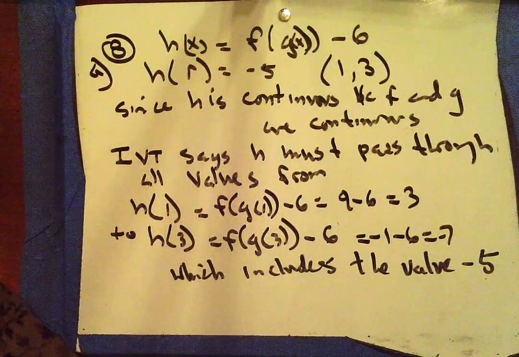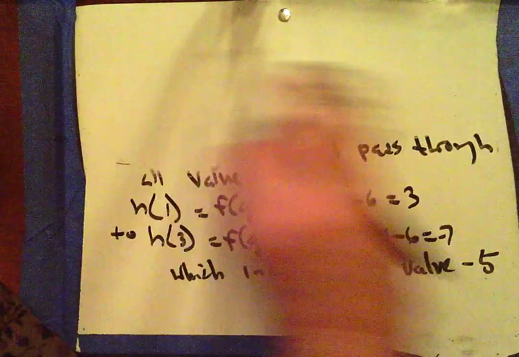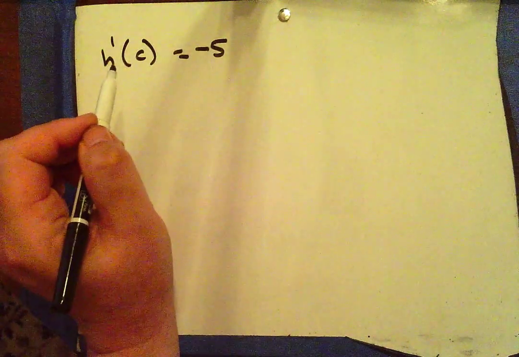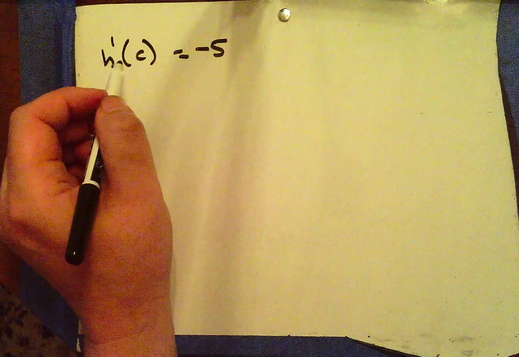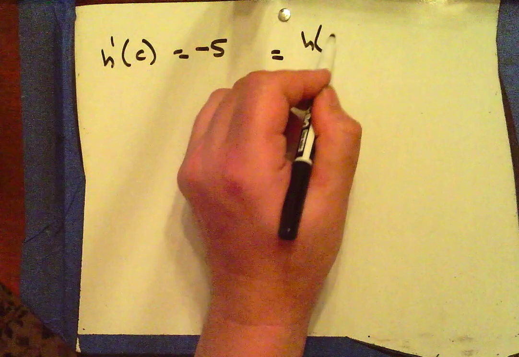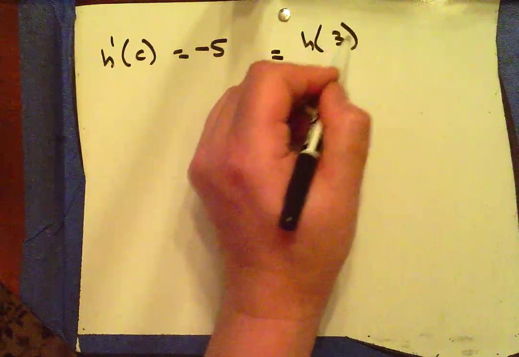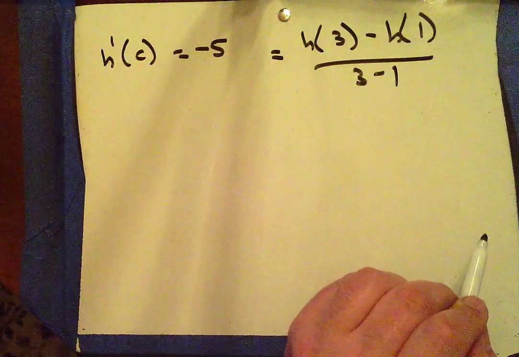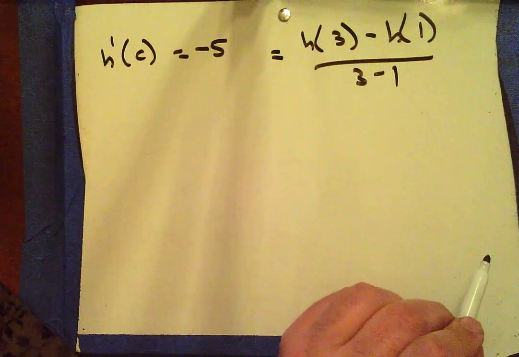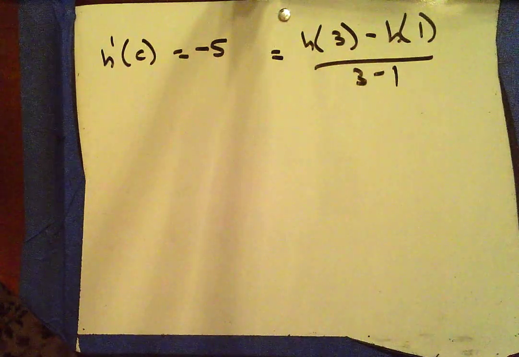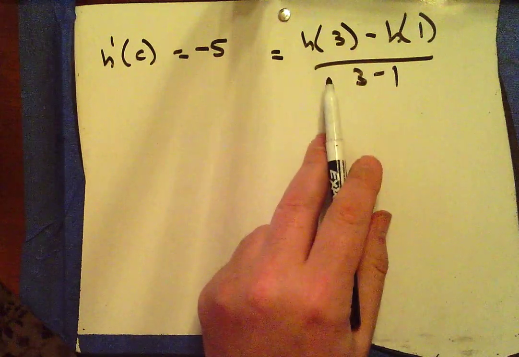I'm guessing that part B is the MVT question. What do you think? So here they then say h prime at some point must equal negative 5. So again, I suspect this is going to be h of 3 minus h of 1 over 3 minus 1. That's what MVT says. But remember, in these problems these days, it wouldn't be sufficient just to start with MVT.